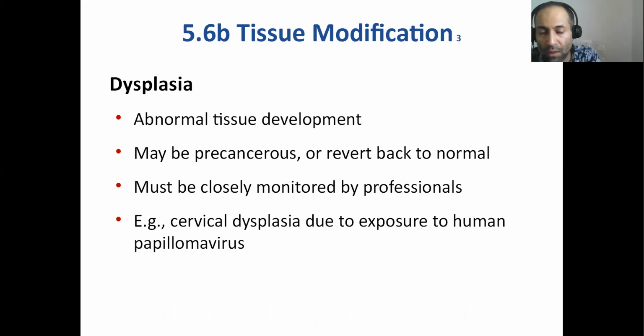Because if you continue ignoring this change of tissue type, which will only be detected by a pathologist under the microscope, then you can develop dysplasia. Dysplasia is basically mutated cells. The cells' DNA is going all haywire, and the cells are assuming abnormal shape and abnormal activity. This is something you might catch on a pap smear, right?